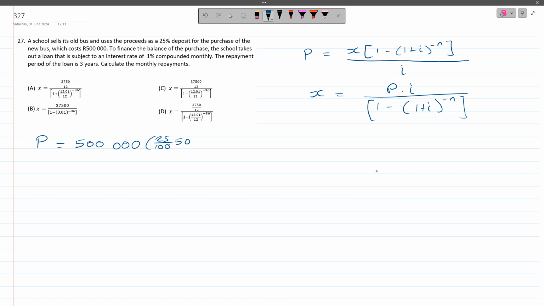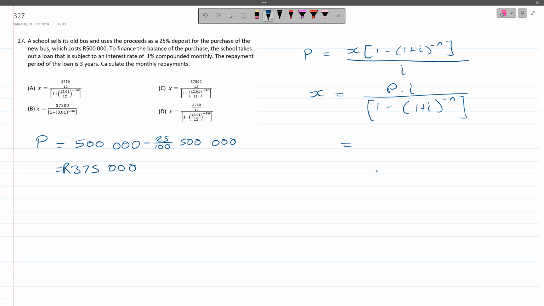We're going to subtract 25% of the amount, which was the deposit that was paid. So 25% of 500,000 is 125,000, leaving us with 375,000 as our principal amount, which is the amount that is requested from the bank, or the present value.